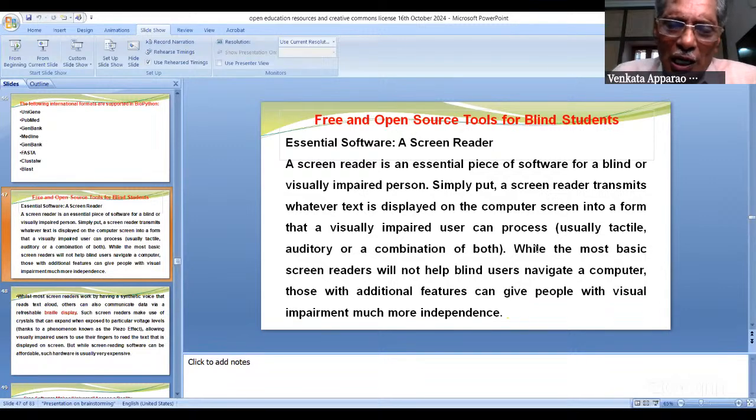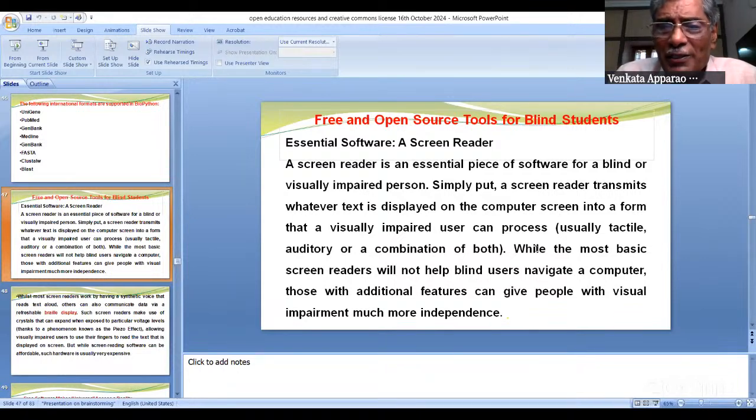I'm not going to discuss all the software which I could find, but I shall present before you so that in your colleges, even if one blind student is there, justice must be done to that student to learn the subject, to master the subject as thoroughly as other students.